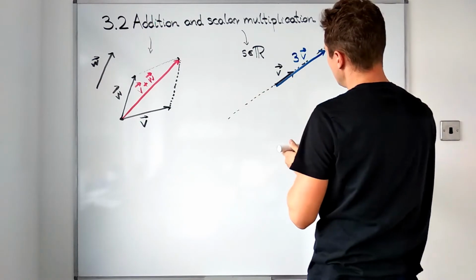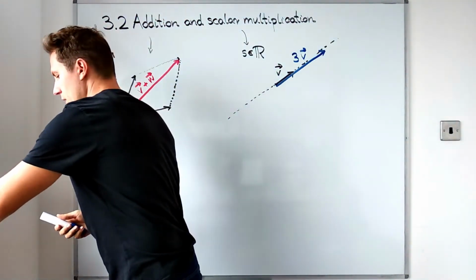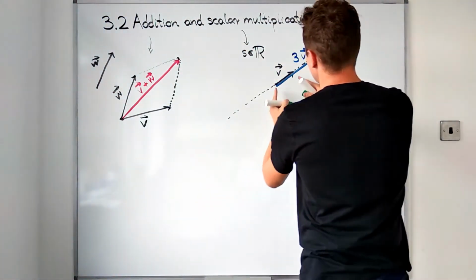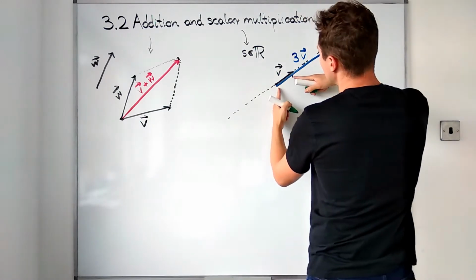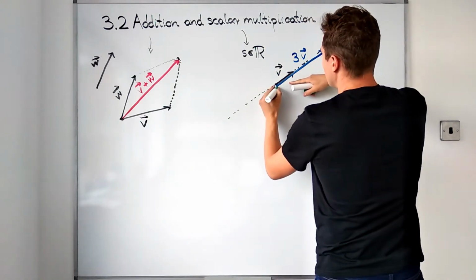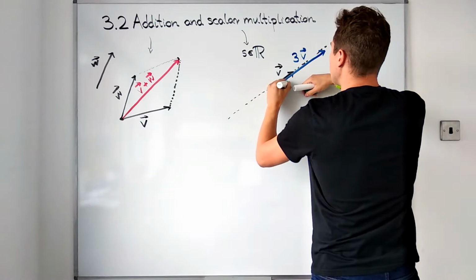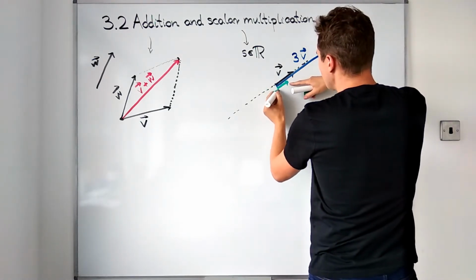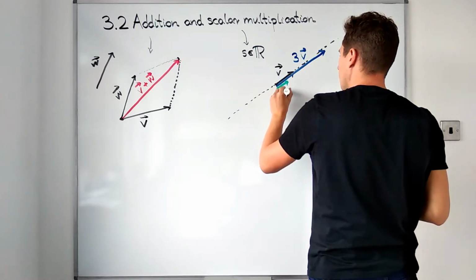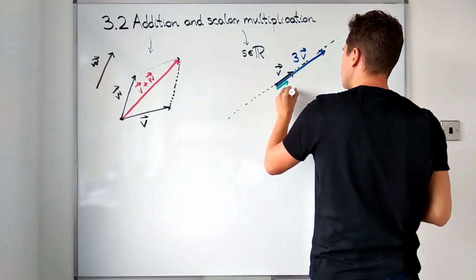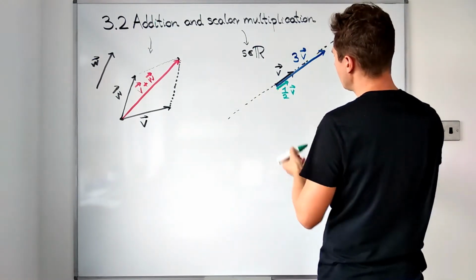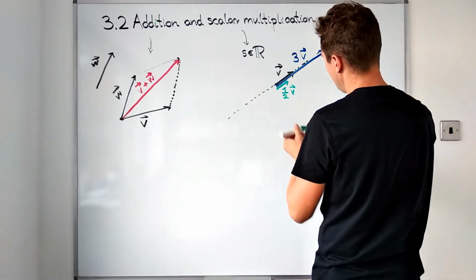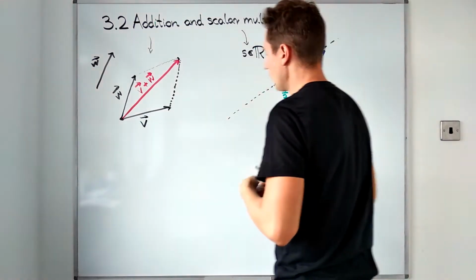On the other hand, if I multiply it by a half, it would still point in the same direction, but it would not be stretched but shrunken. It would be a shorter version of v, exactly half as long.